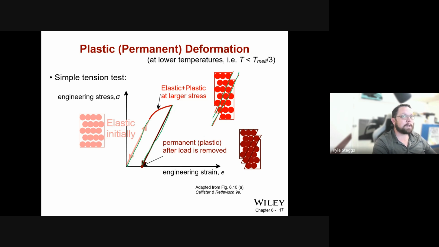And what that does is creates the conditions for a permanent change that happens here in terms of strain. So there's a permanent strain, there's a permanent deformation after the load is removed.